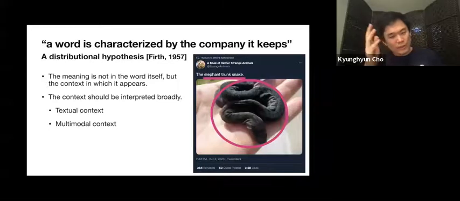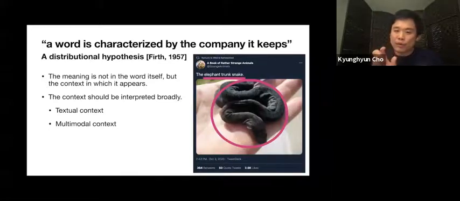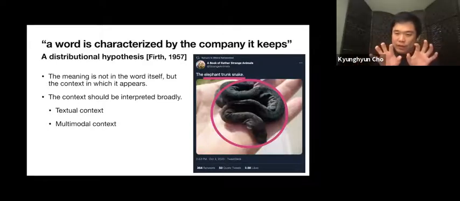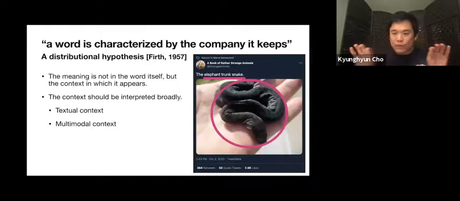let's consider a word, but it doesn't have to be. The meaning of the word is not in the word itself, but in the context in which it appears. Of course, this context should be interpreted broadly. For instance, you can think about textual context, which tells us about the text or sequence of words in which this particular target word, of which we are interested in the meaning, appears.